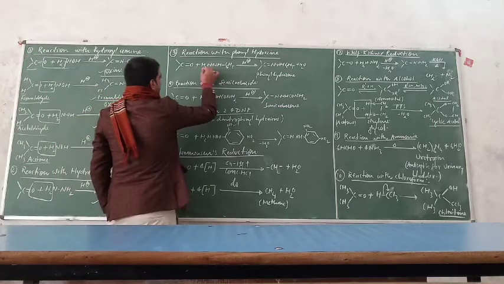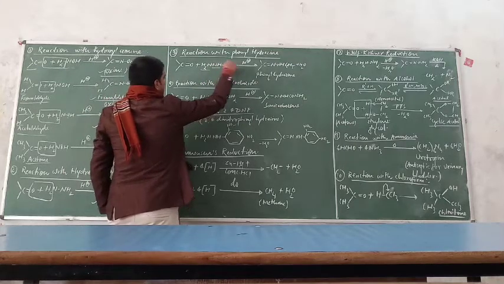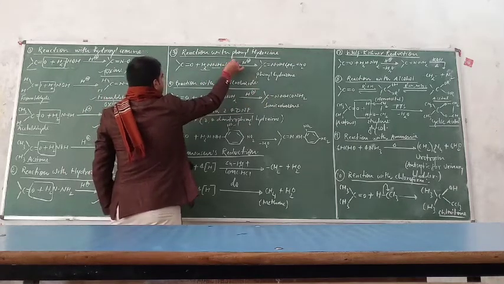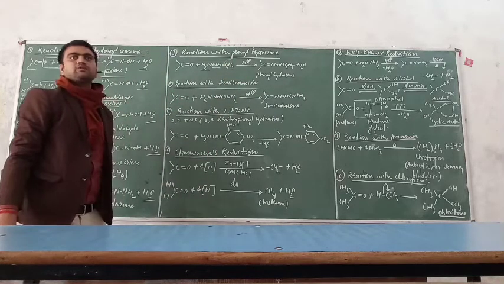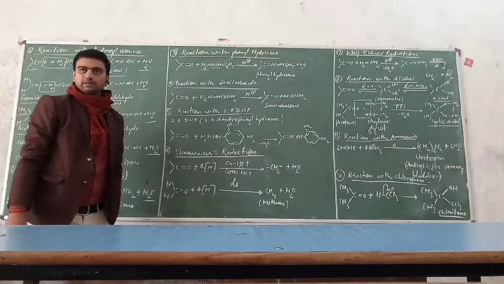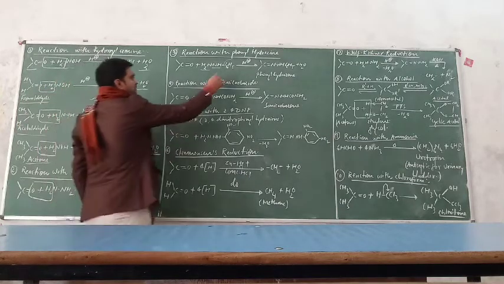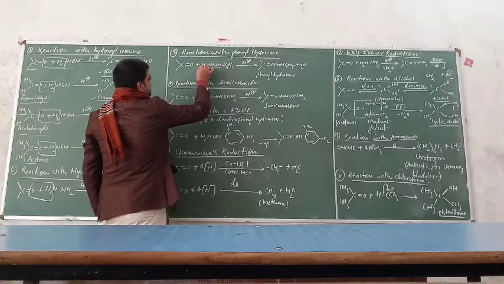This is the NH2, and from here one of the hydrogen atoms is replaced and C6H5 is introduced. So it is known as the phenyl group and the compound is known as phenylhydrazine. Clear? So the formula of phenylhydrazine is C6H5NH NH2.